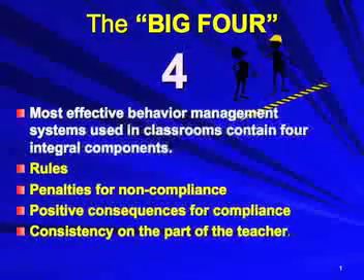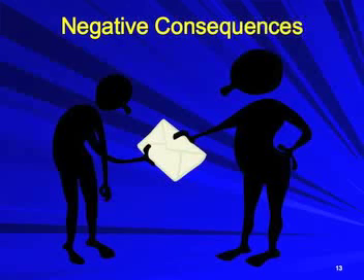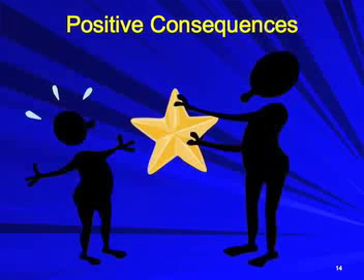First of all, you have to have rules, guidelines, regulations. If those rules are not adhered to, if those guidelines are not abided by, then we need negative consequences for noncompliance. Certainly, though, we want the main component of our system to be positive consequences, demonstrating the behaviors that allow our youngsters to learn, allow other youngsters to learn, and allow teachers to teach.